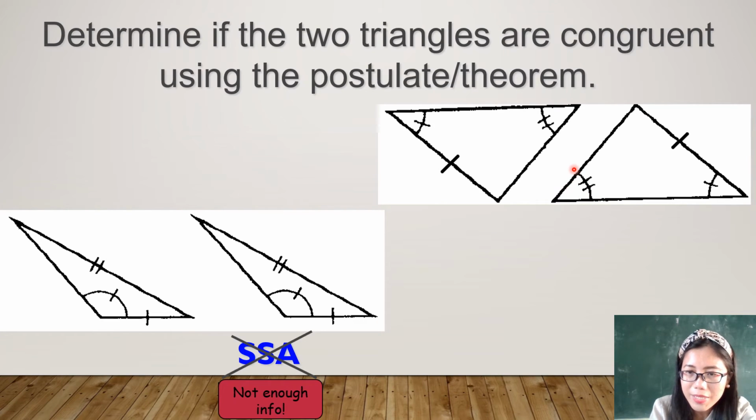So this is side, angle, angle. Is there side, angle, angle, or angle, angle, side? Yes, there is. Angle, angle, side, that is a congruence theorem. So we can say that these two given triangles are congruent.